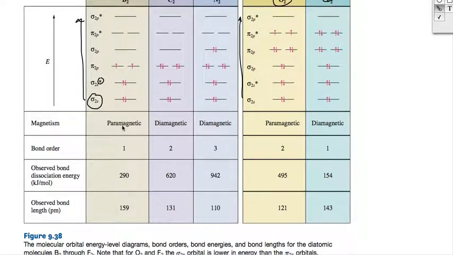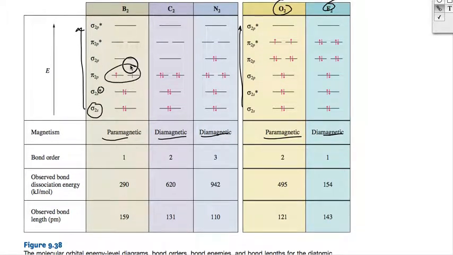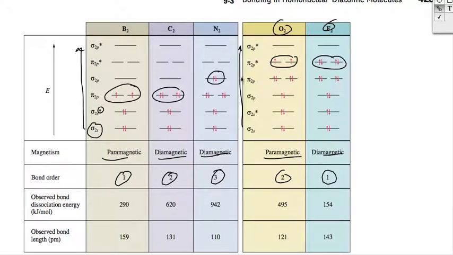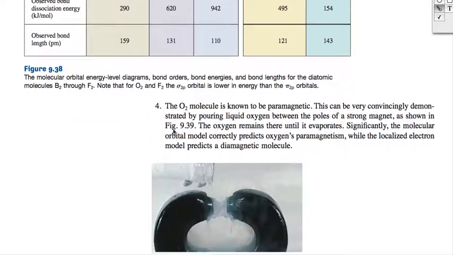And just by looking at this chart, you may be able to determine when something is paramagnetic and when it is diamagnetic. Okay? And you can see here they calculated the bond order. See if you can calculate the bond order using the bonding electrons minus the anti-bonding electrons divided by 2. Okay?